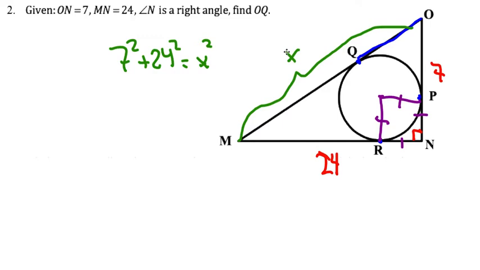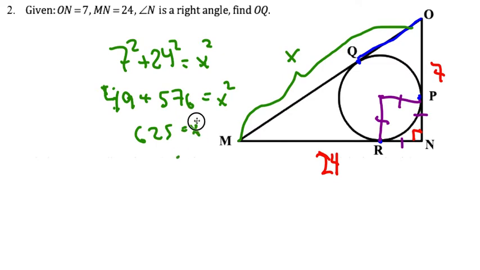So we know that, hello, cursor, there you are, 49 plus 576 equals x squared. And when you add 49, you get 625, which means we're looking at 625 equals x squared. Sorry, we have to take the square root, which means x is 25.